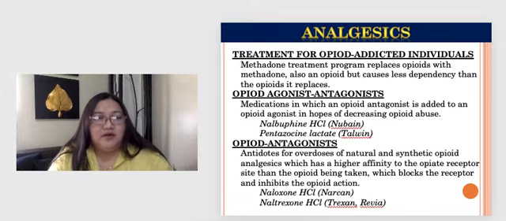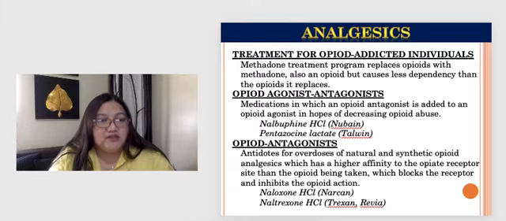Pag sinabing rebound pain, nagkaroon ka bigla ng temporary increase in pain kahit wala naman talaga. Siyempre, ayaw natin yung withdrawal symptoms. It affects the nervous system. Ayaw natin yung rebound pain. Alright? So, para ma-treat yung mga patients na nagiging addicted sa opioid, methadone is one method.